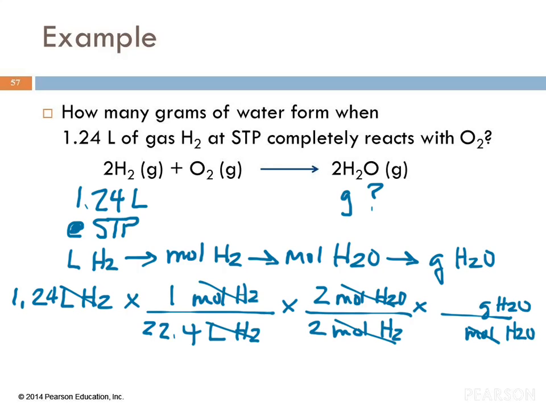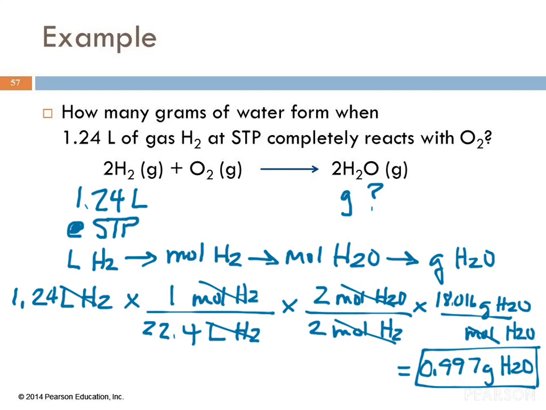And we need the molar mass of water. 2 times the mass of hydrogen plus the mass of oxygen, 18.016 grams. 1.24 divided by 22.4 times 2 over 2, which is 1, times 18.016, 0.997 grams of water. Questions?